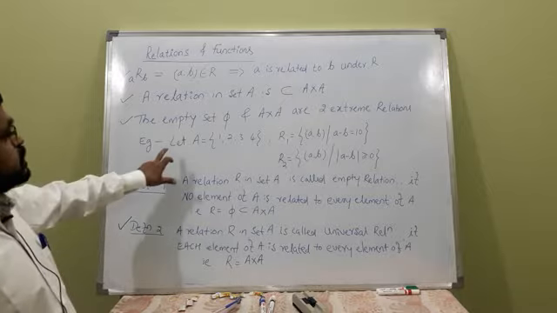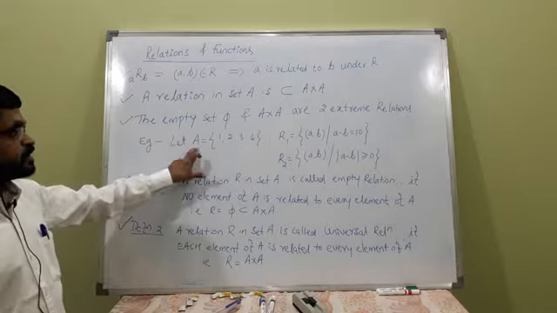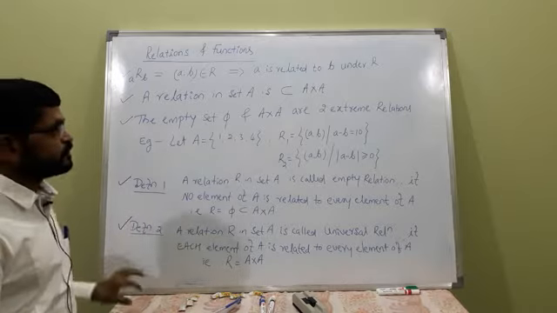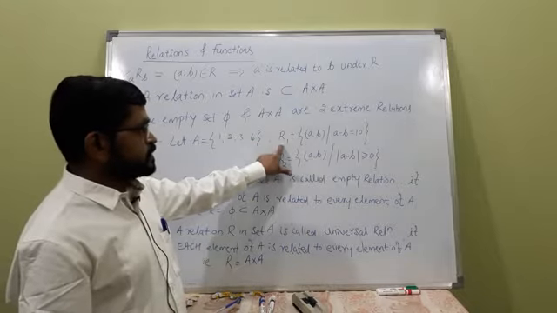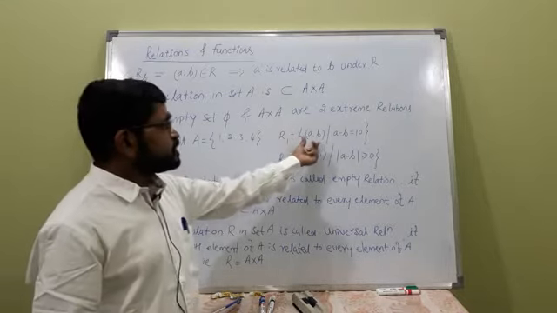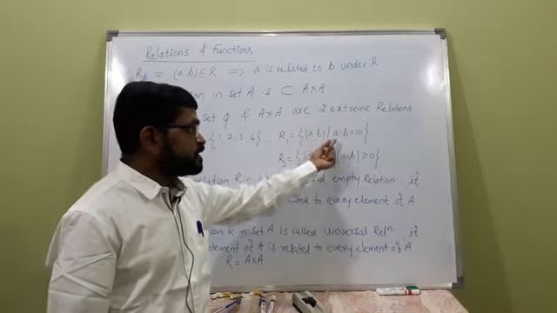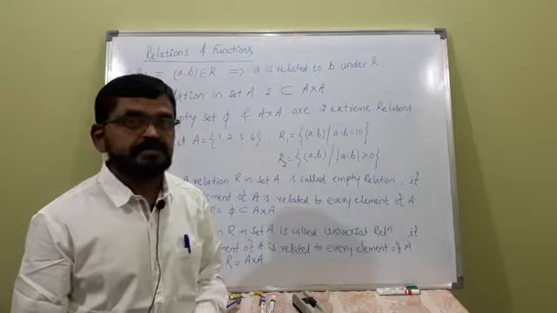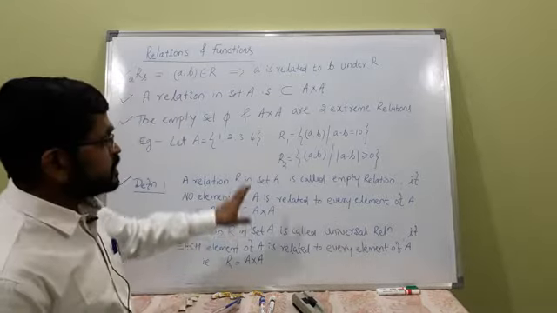Consider one example. Suppose set A is {1, 2, 3, 4}. Then one relation, R1, is defined as the set of all (a, b) such that a minus b equals 10.